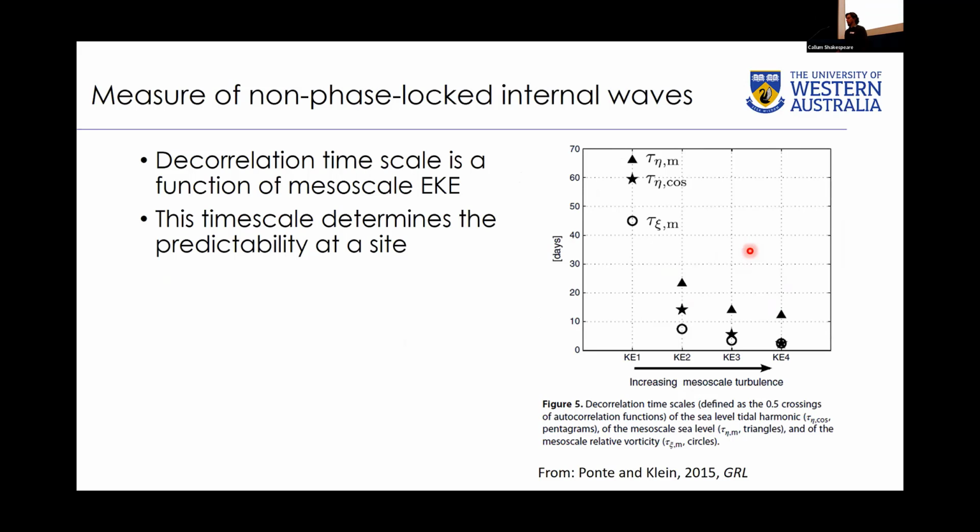In that Pons and Klein paper as well, they show that this decorrelation timescale is actually a function of the mesoscale turbulence. They increase the eddy kinetic energy in these runs, and they show that decorrelation timescale basically decreases. So although the internal waves aren't predictable using harmonics, you can characterize them somewhat using this decorrelation timescale.